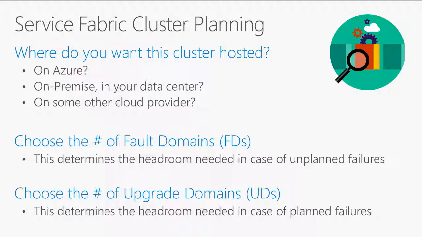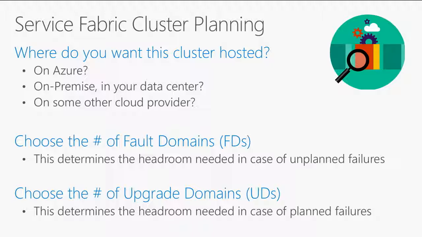Fault domain basically means the headroom or the extra capacity you will have to plan for in case of unplanned failures. Unplanned failures could be, for example, the top of the rack crashes, or maybe the PDU burns out, and so forth. And upgrade domains basically means how many of your VMs you are willing to bring down at a time for doing some upgrades, whether it's OS upgrades, Service Fabric upgrades, application upgrades, and so forth.